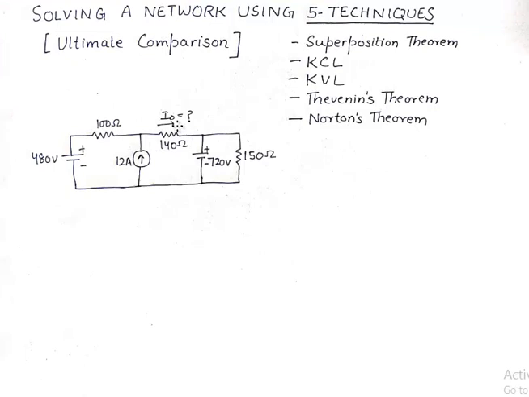So let's see, we've been given this network, so we'll keep this network the same, and we'll apply these 5 techniques on this network to solve the question here, which is to find the current through this 140 ohm resistor.